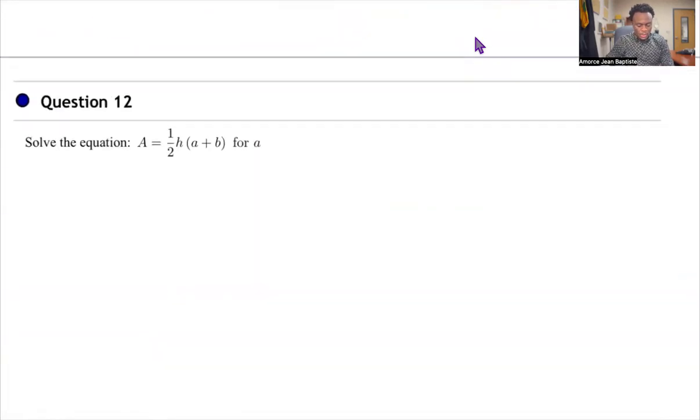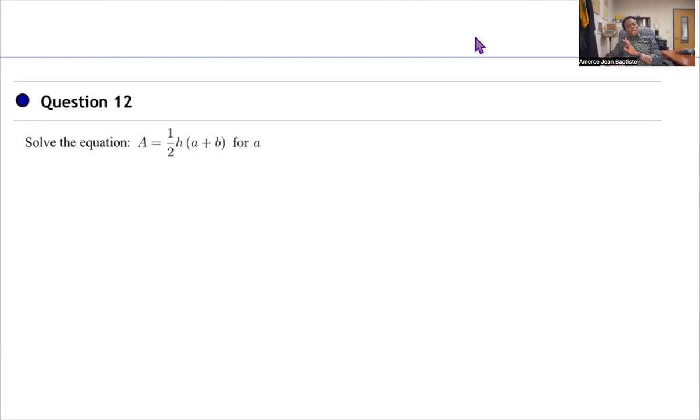Okay, so next, we're solving this equation for small a. So you know, when you have an equation that has multiple variables, you see how in this one you have a, big A, and small a. You have to consider to write the variables the same way they are given to you. So you can't interchange them.